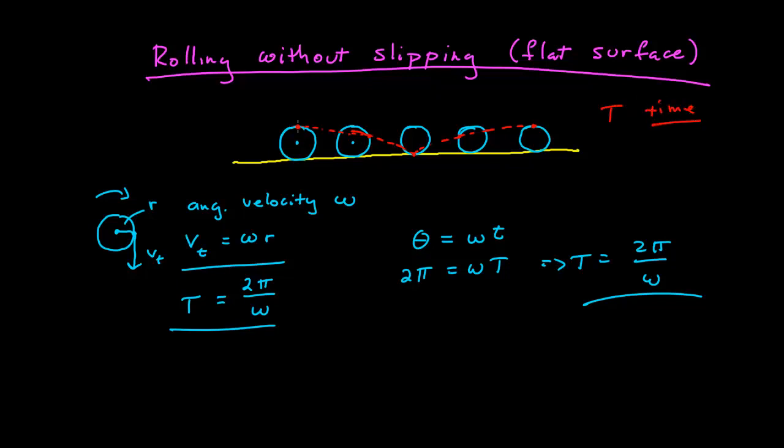Because once the spot on the top has made it all the way back to the top, this object has rotated 2 pi, and so that's the definition of one period. Okay, so how far did it go? It started here, and it ended here. So how far is that?